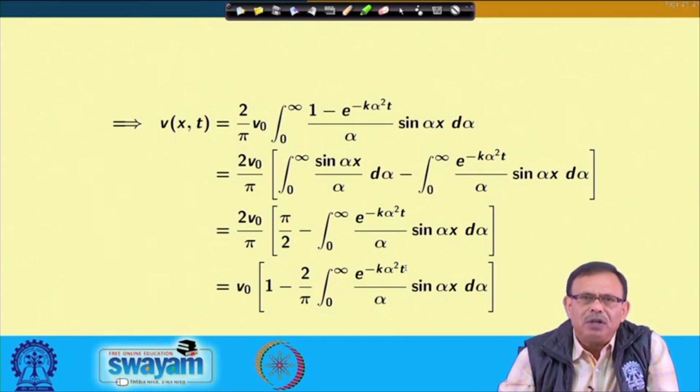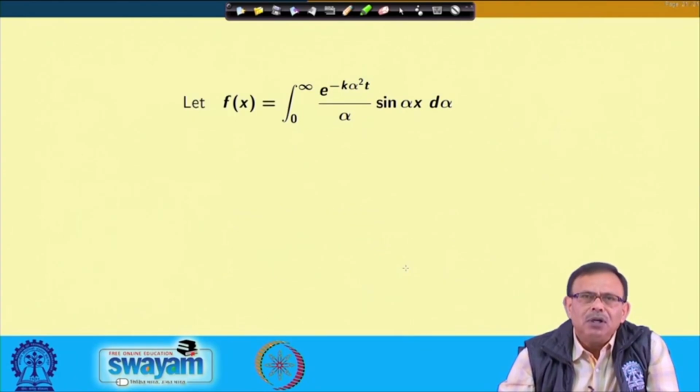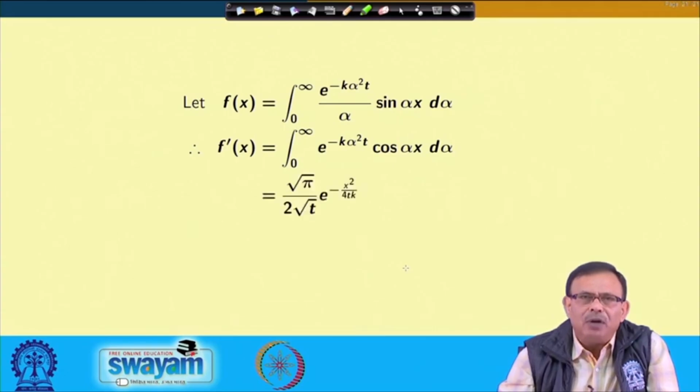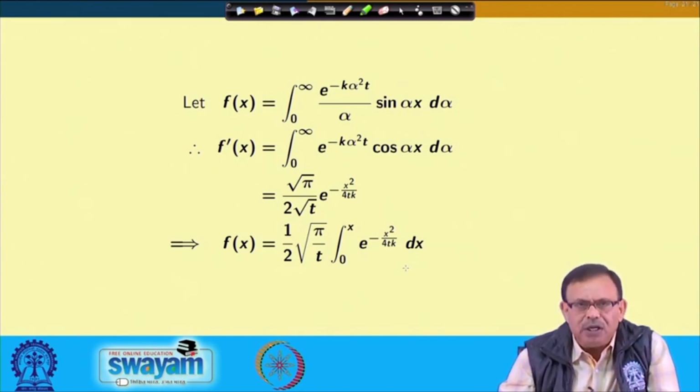My aim is to find out the value of this integral now, which I am assuming as f x. So, f dash x from here I can find out, and the value of this integral is known to us, the common one. We have written this. So, that your f x will be nothing but half into root over pi by t, integral 0 to x e power minus x square by 4 t k dx. From f dash x you can write down this integral, integrating both sides of the given equation.